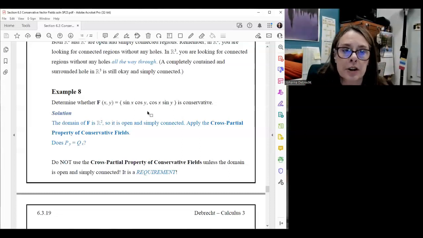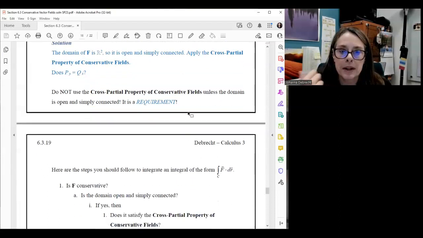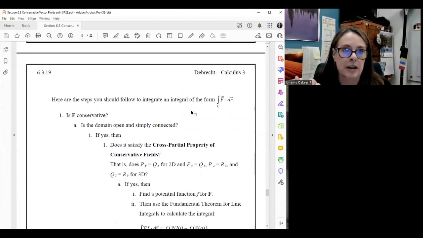And then we take a look at Q, which is cosine x sine y, and we take the partial with respect to x, which would be negative sine x sine y, and we ask, are these the same? And the answer is yes, right? They are. Do not use this rule unless the domain is open, simple, and path connected. All right, those are requirements. So you've got to be sure that you check those. They're relatively simple to check, but you've got to check.